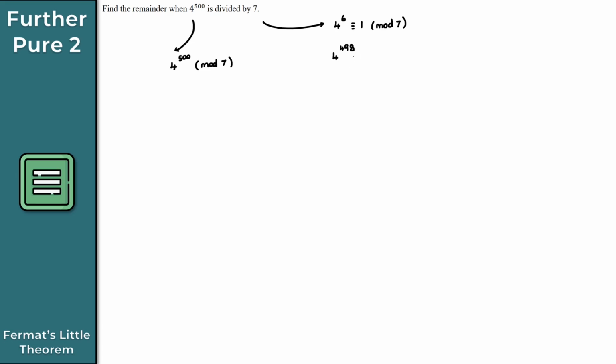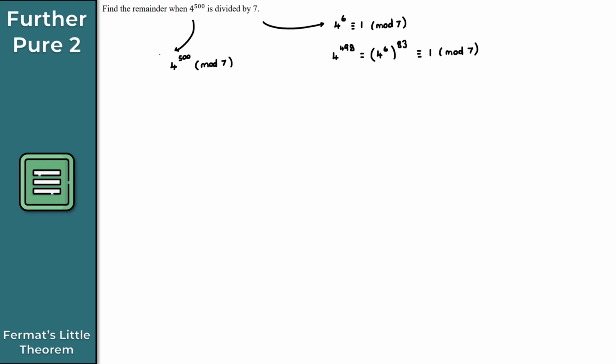So 4 to the power of 498 here is equal to 4 to the 6, so I get 4 to the 6 here to the power then of 83. Okay. Well, 4 to the 6 here is congruent to 1 mod 7. So what I've got here then is 1 to the power of 83, which is just congruent to 1 mod 7. Okay, so hopefully nice and straightforward there, just to get us started, like so.